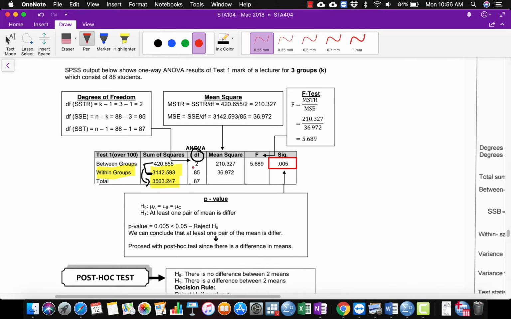The first degree of freedom indicates the degrees of freedom for between group. So you need to know how many groups you have, right?